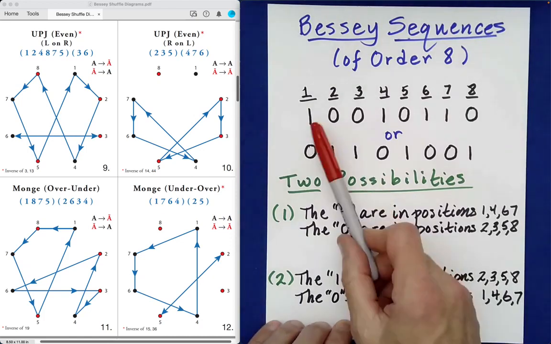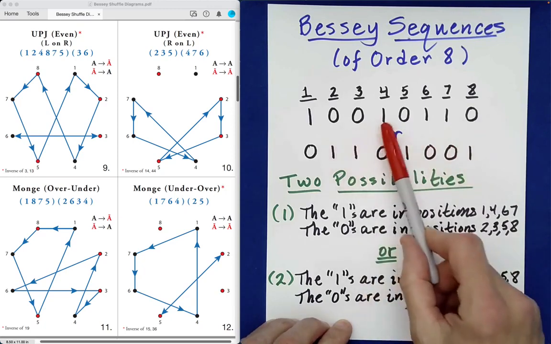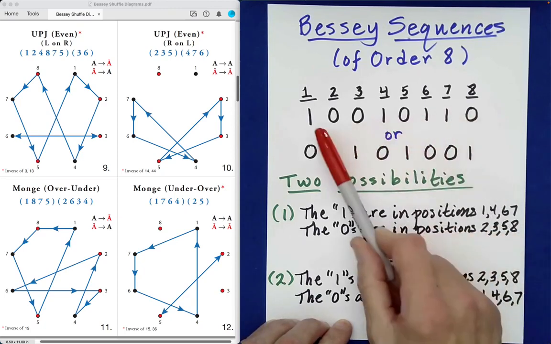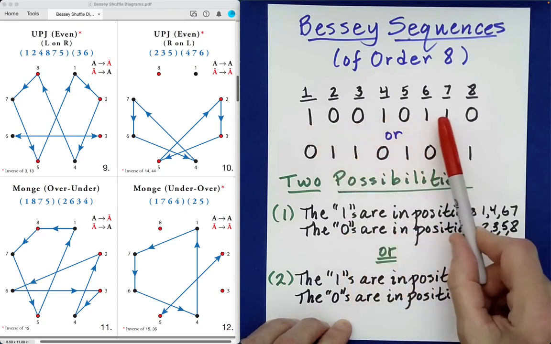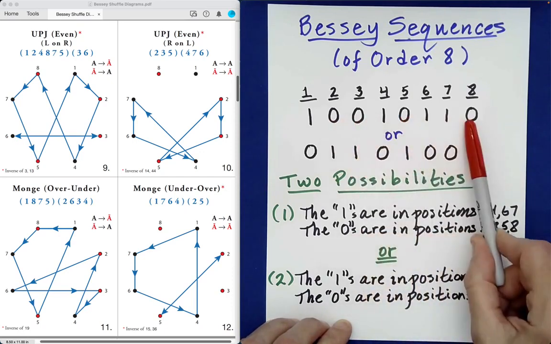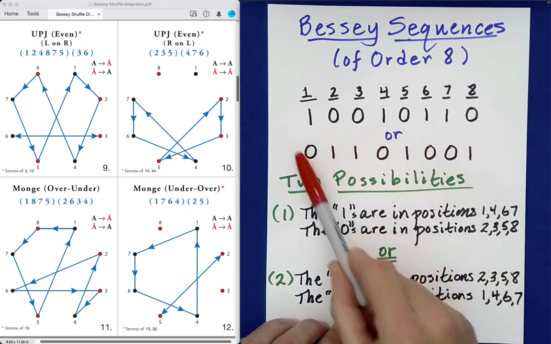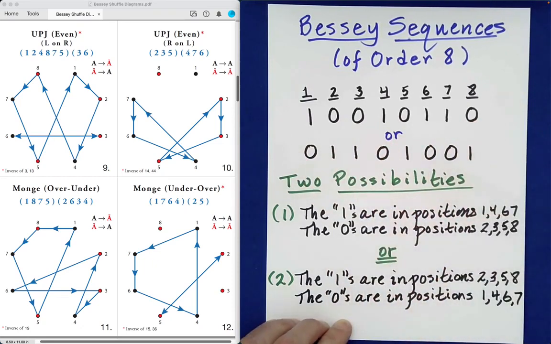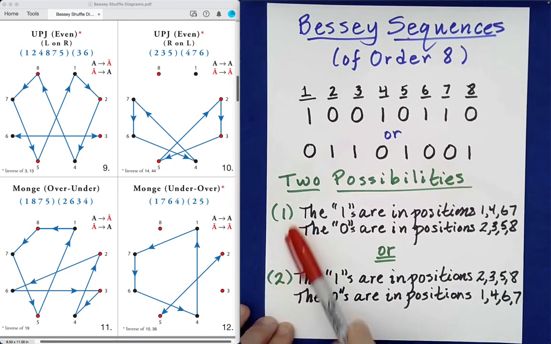Also remember that the two Bessey sequences of order 8 are 1, 0, 0, 1, 0, 1, 1, 0, in which the 1s are in positions 1, 4, 6, 7, and the 0s are in positions 2, 3, 5, 8. For the inversion of this Bessey sequence, the 0s and 1s switch places. Consequently, there are only two possibilities for Bessey sequences of order 8, as listed here.